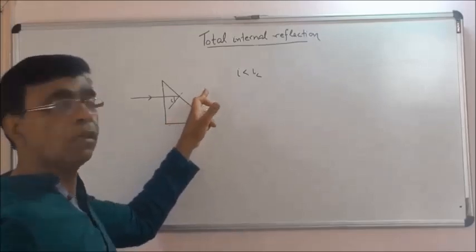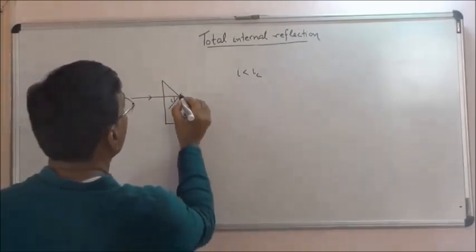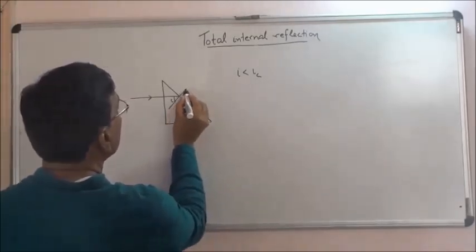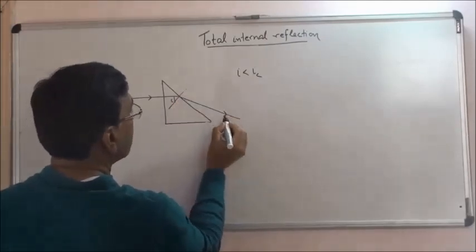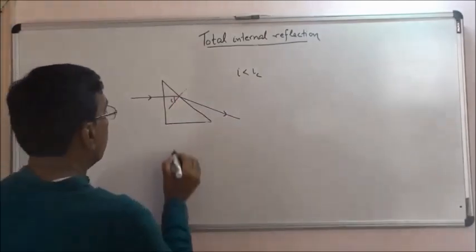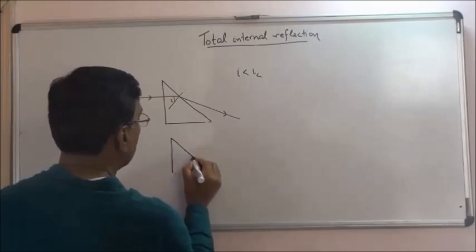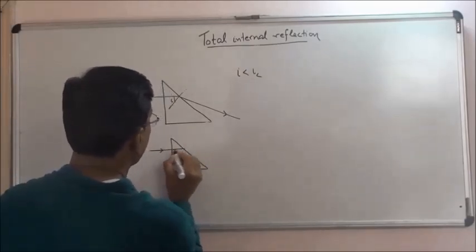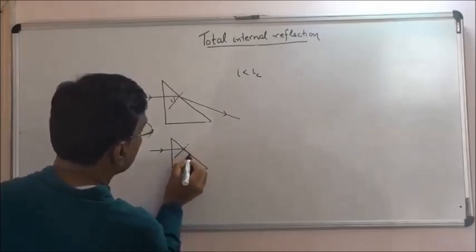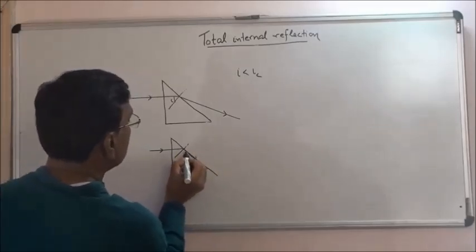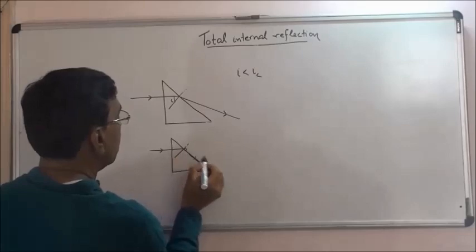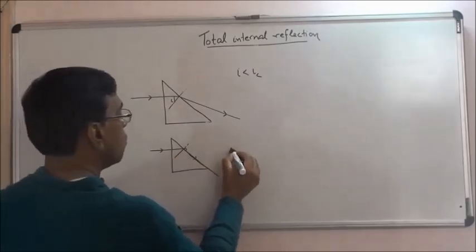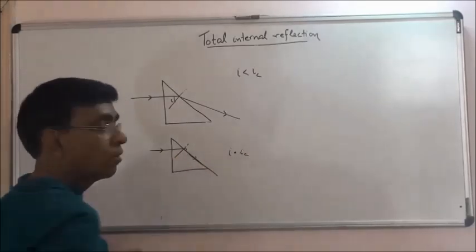It is denser, it is rarer, so the ray will move away from the normal. This is normal, it will move like this. And what if I is equal to IC? It will come like this. The angle of refraction will be 90 degree. This is when I is IC.